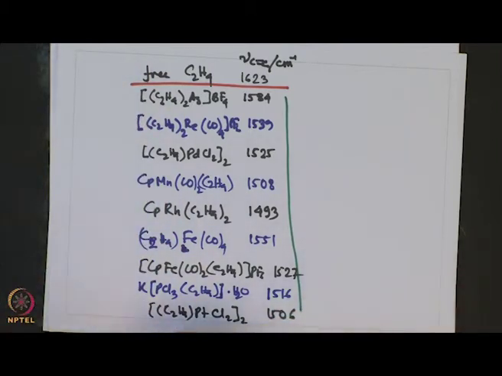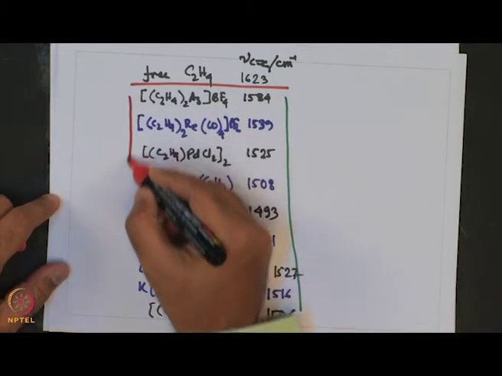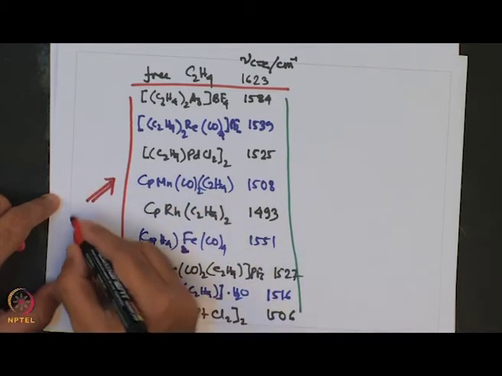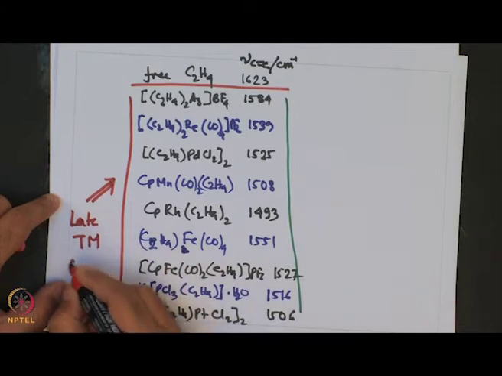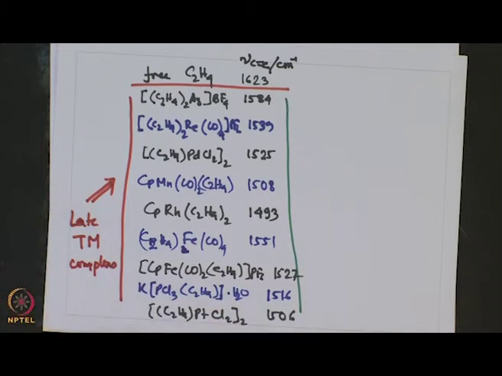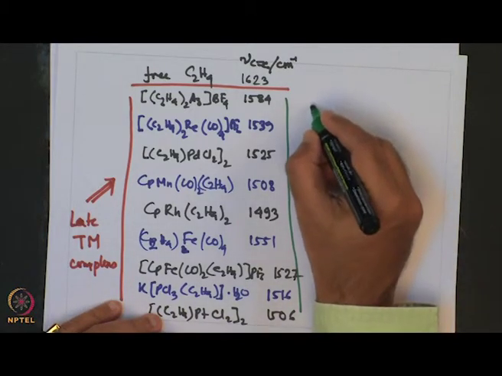Now, another aspect which comes out by looking at the table is that all of these are late transition metal complexes. That makes sense in the sense that it indicates that for early transition metals, the metal to ligand back donation is not very strong.